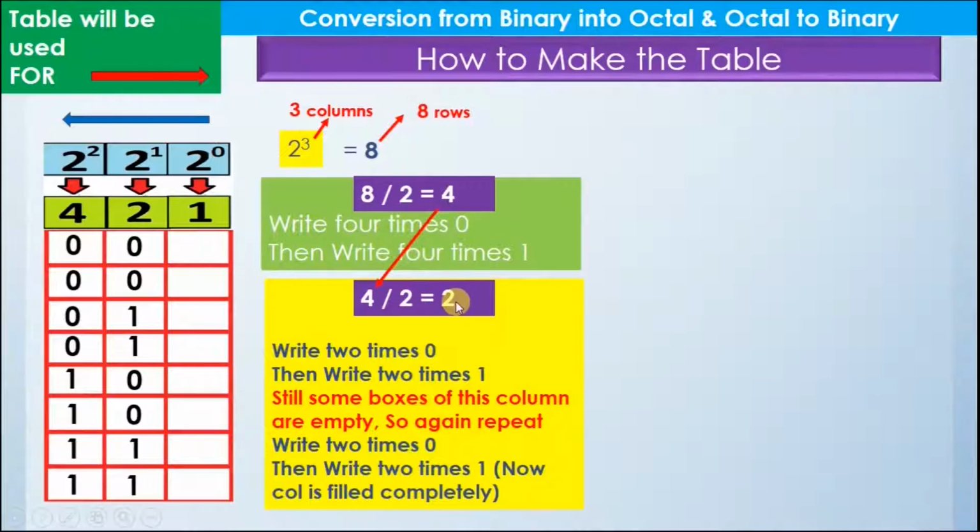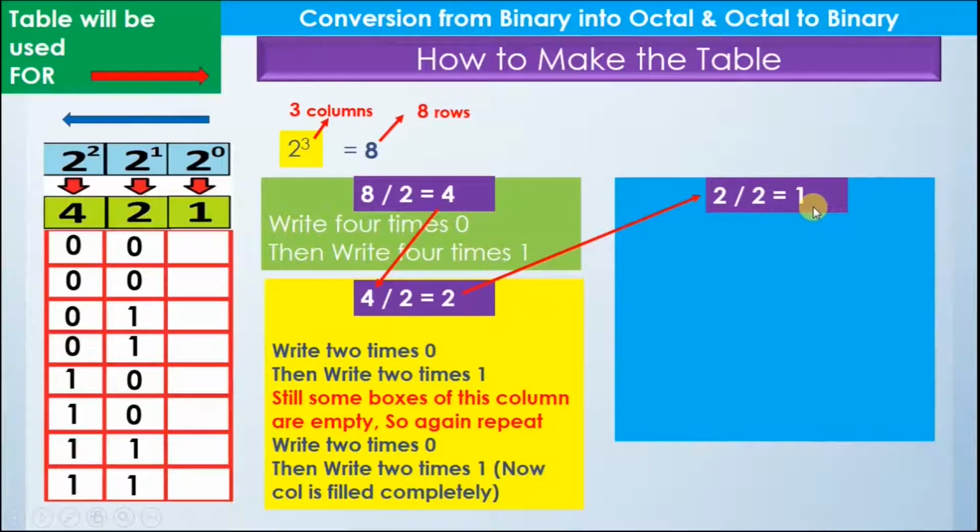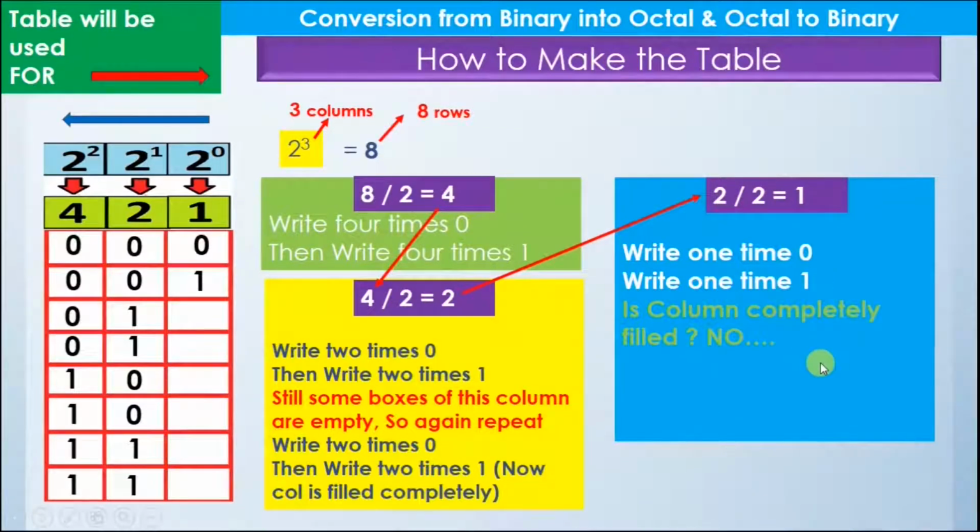Now we take this 2 and again divide it by 2, which is equal to 1. So we have 1 here, so we write 1 times 0 in the last column. So 1 zero comes here, and next we write 1 times 1. So 1 comes here. Is the column completely filled?